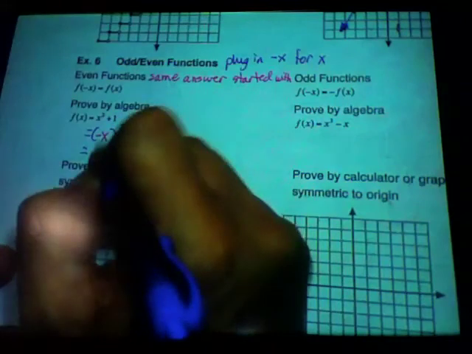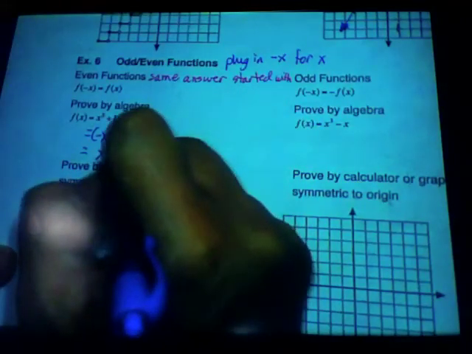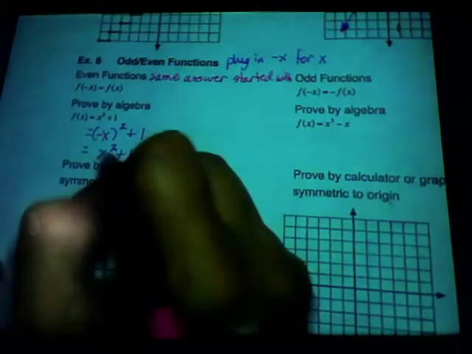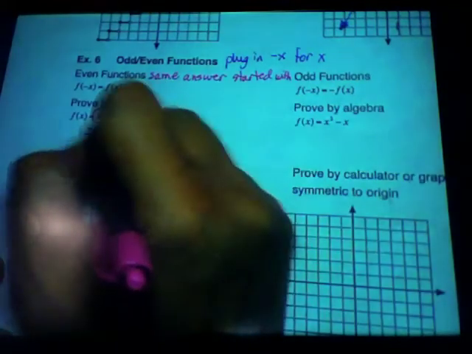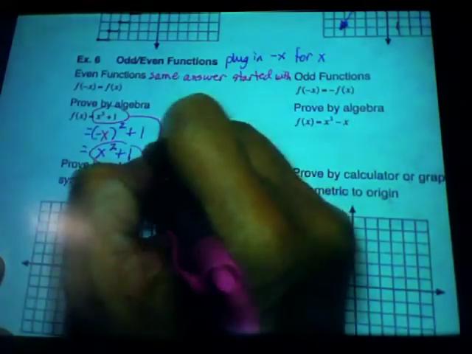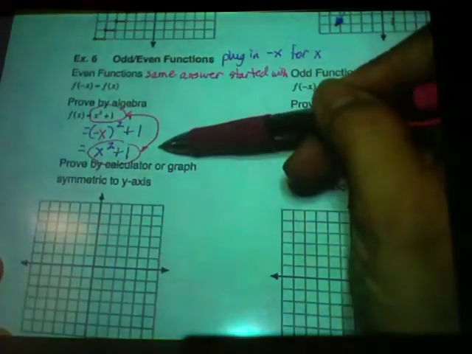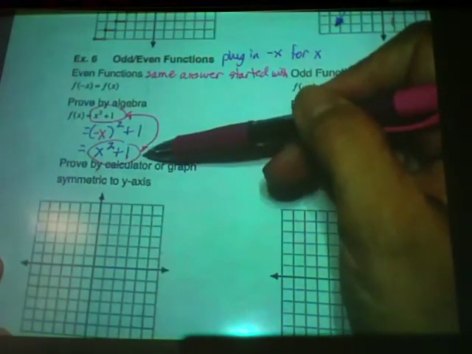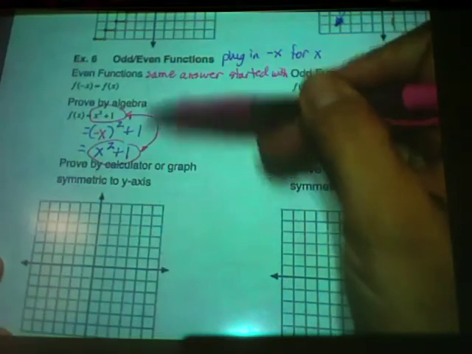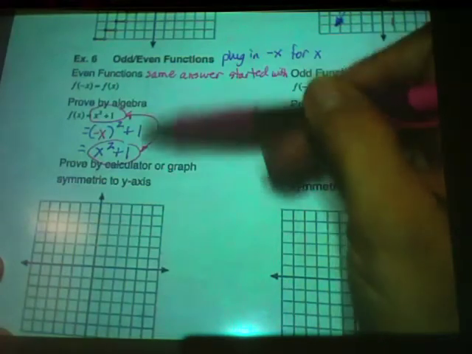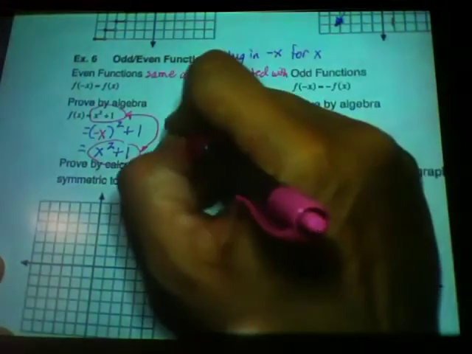Just x squared plus 1. Is this any different than this? What do you notice about these two? This is the original function. What's my new function when I plugged in negative x? Are they the same or different? They're exactly the same, right? This is an even function.